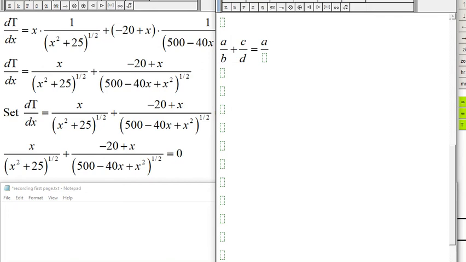This is a times d, plus b times c, and then dividing by the product of the two denominators, b times d. And so right here, we'll cross multiply, and then divide by the product of these two denominators.